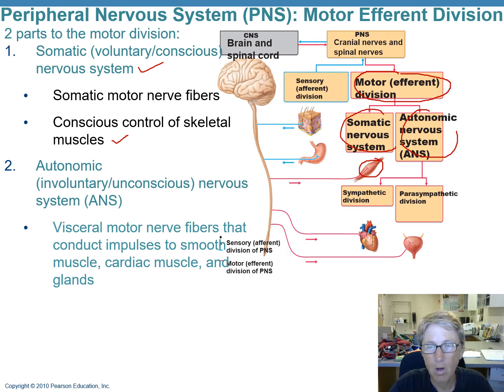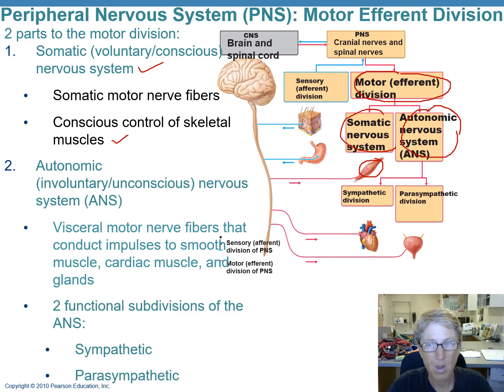So they call this part of the motor division the somatic, voluntary, or conscious nervous system. And then over here is the autonomic nervous system, which we'll have a whole chapter on. That's the involuntary or unconscious portion of your motor efferent division. So you're sending out unconscious information via your autonomic nervous system to your smooth muscle cells, your cardiac muscle, and your glands.